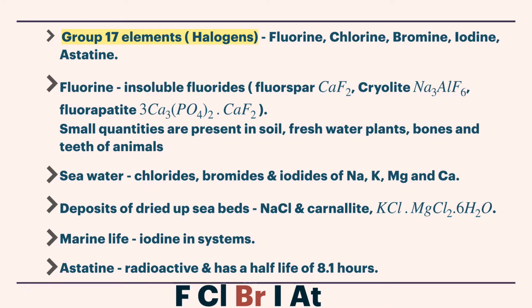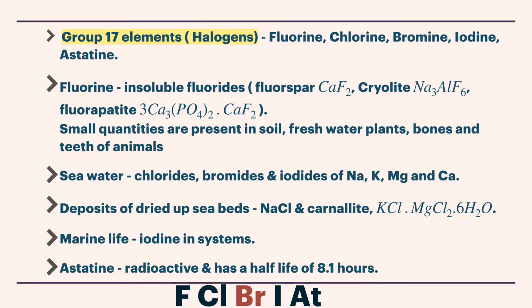If you want, you can just learn the first alphabets and remember, but you have to remember it nicely. Okay, so you can just say like fluorine CBI attack. What is that? Fluorine CBI attack. So it is fluorine, C for chlorine, B for bromine, I for iodine and attack is astatine.